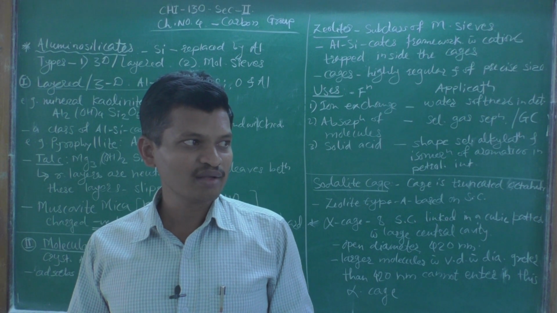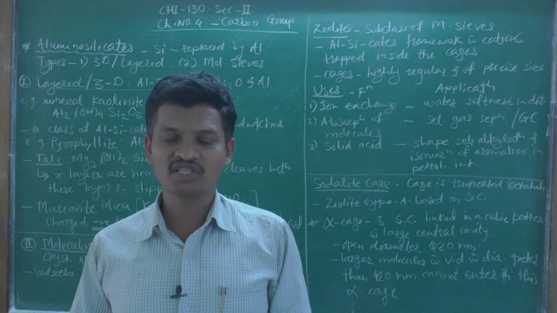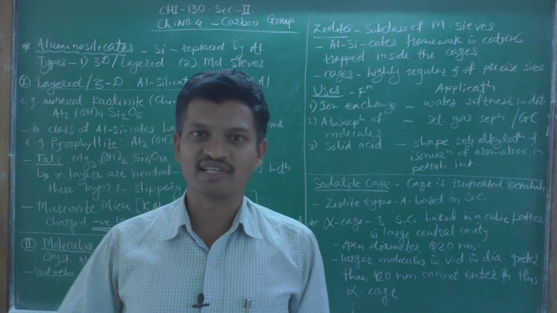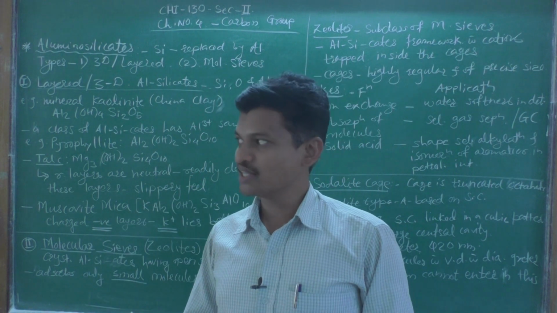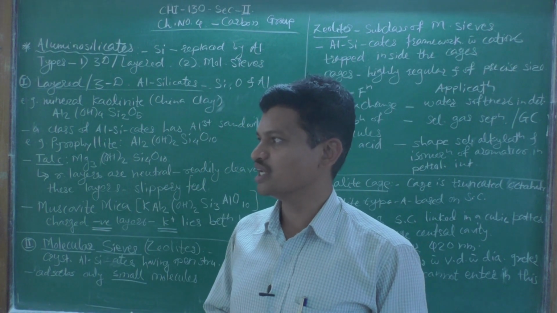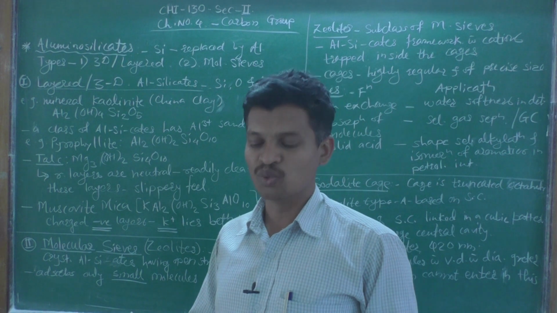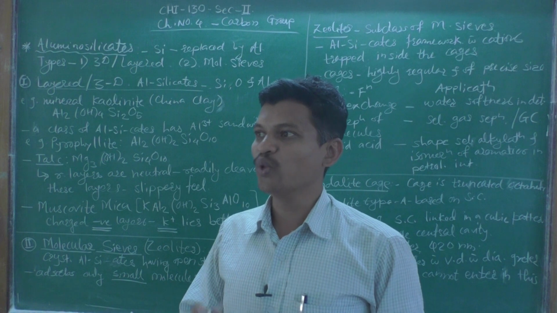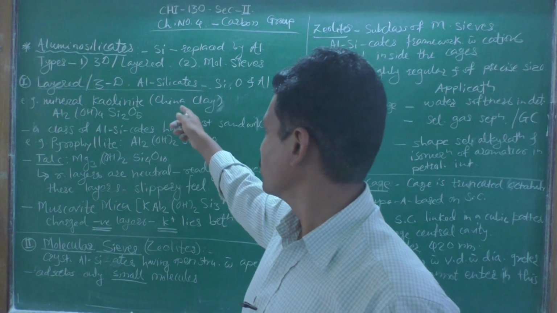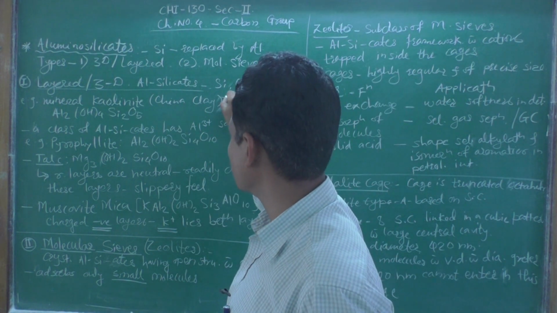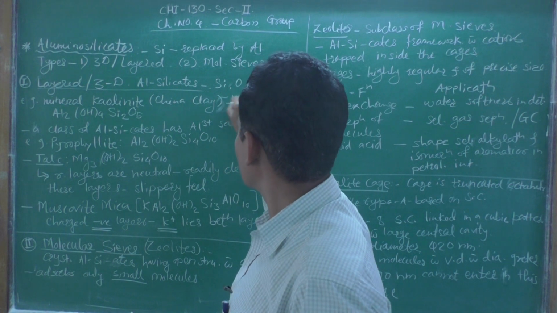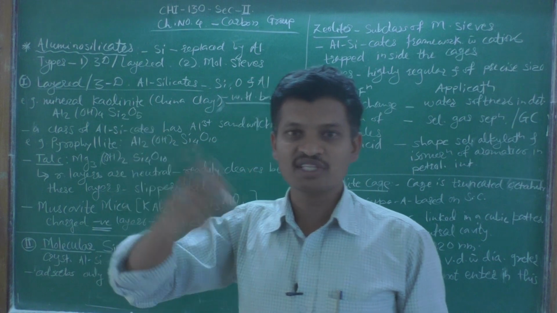The structure of this China clay mineral has silicate layers, and the silicate layers are neutral in nature. They are held together by weak hydrogen bonds. So weak hydrogen bonds are present between these silicate layers.